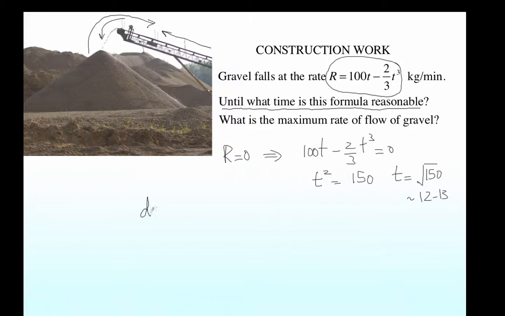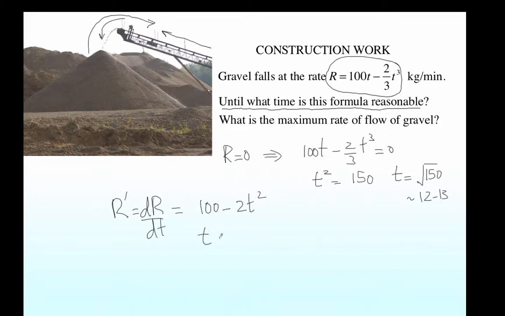That's very easily done, because let's take dr by dt, or you could call this r prime, whichever you prefer. And this is 100 minus 2t squared.